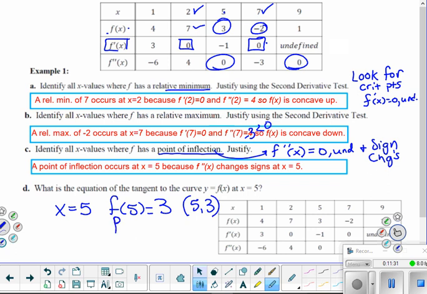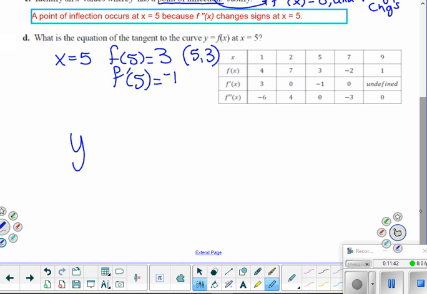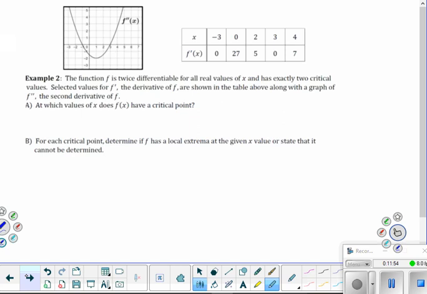And then I also need to know what the slope is at 5. So f prime of 5 is -1. And now I can write that equation. y minus 3 equals -1 times, oops, not a y, x minus 5. Good old review. Okay, on to the next fun piece.